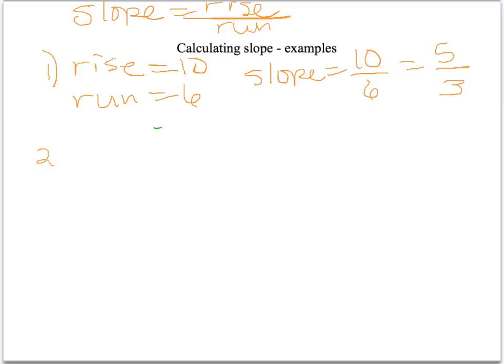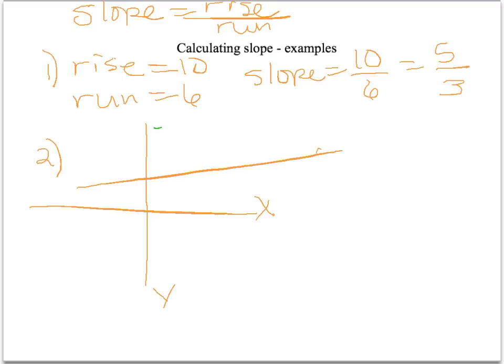Well, what if I say, okay, here is a graph, and 2 points on my graph are right here and right here. So I'll say my x value out here is 12 and my y value is 4. In here my x value is 1 and my y value is 3.